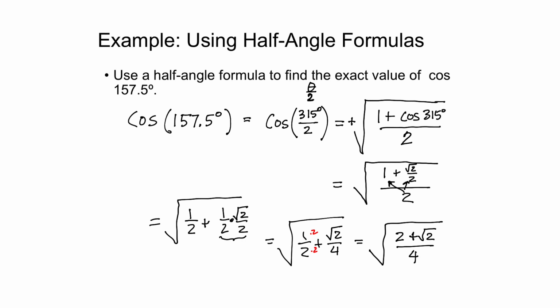Whenever we have a square root of a fraction like this, square root of a over b, we can take the square root of a and the square root of b separately. And I'm going to go ahead and do that here just to simplify the bottom, which is a perfect square. So we have a little bit of an awkwardness because we have a root under a root, but that's okay. We're just going to write it as 2 plus root of 2, square rooted, and that's over 2.